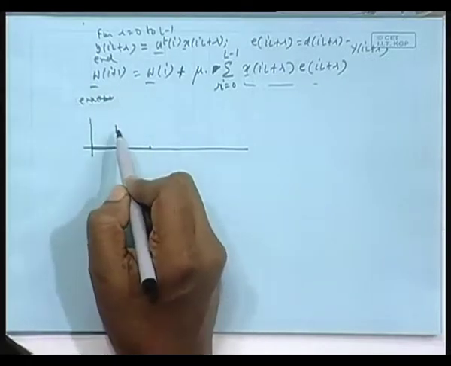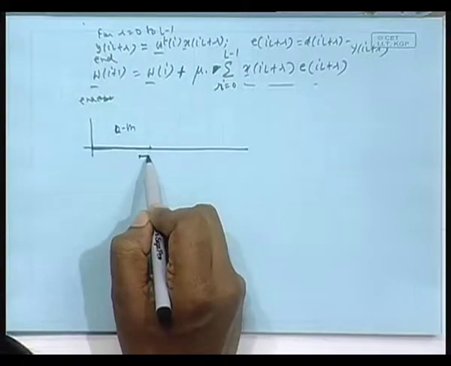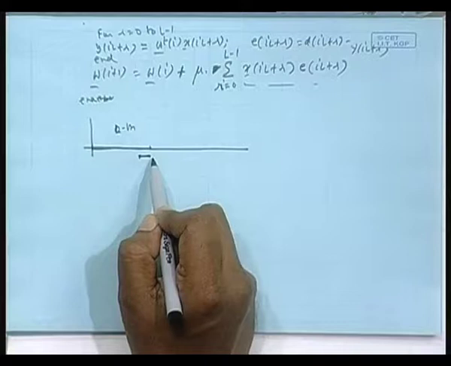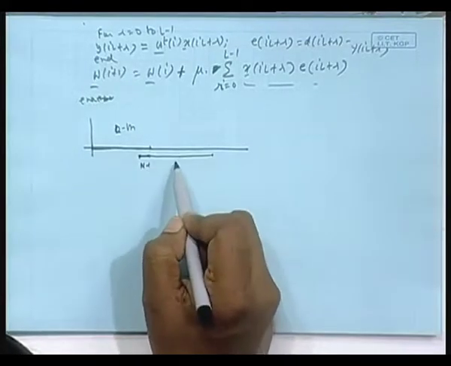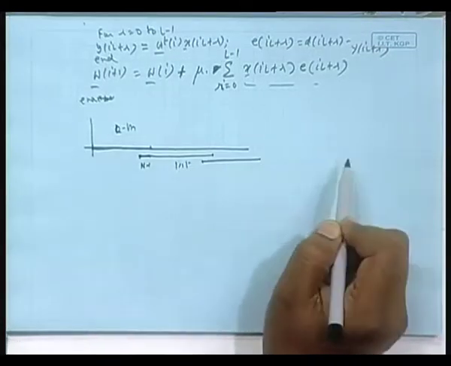So, this is the 0th block of length L, I will start the next block somewhere here, so that there is an overlap of N minus 1 samples. This will be my next block.